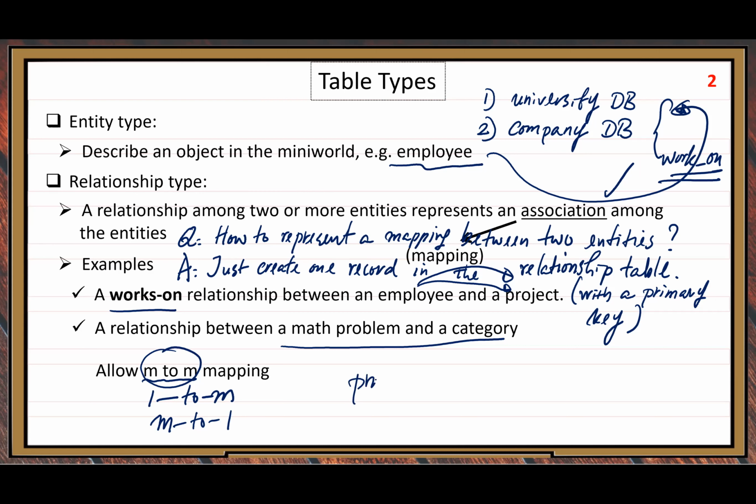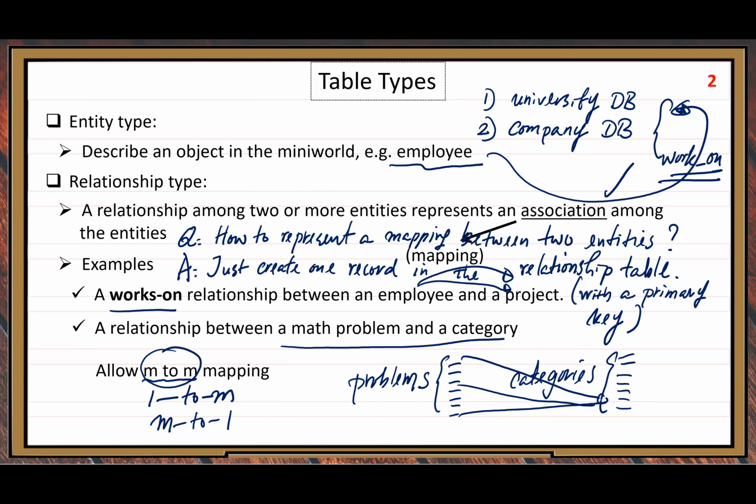Look at entity number 1, math problems. We expect to have a list of math problems. And the categories, the second entity, another list of categories. Now think about M to M mapping. Multiple problems can be assigned to the same category. This is M to 1.